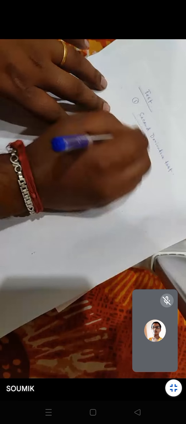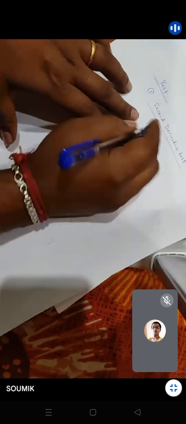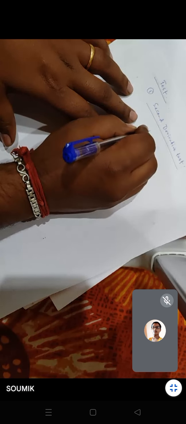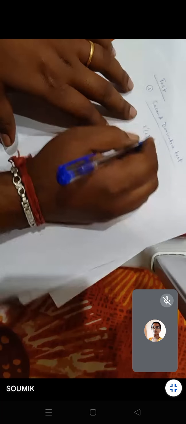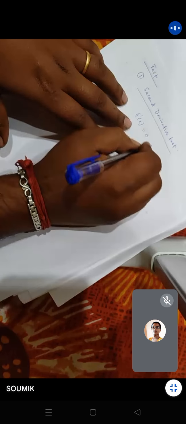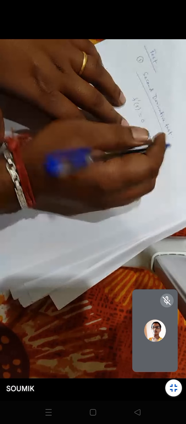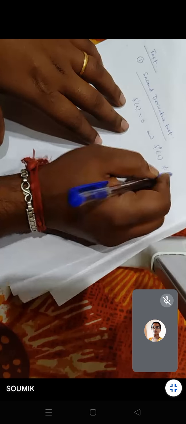টা কি বলছে? What is the second derivative test? That means this is the f dash c equals to 0 and f double dash c not equals to 0.